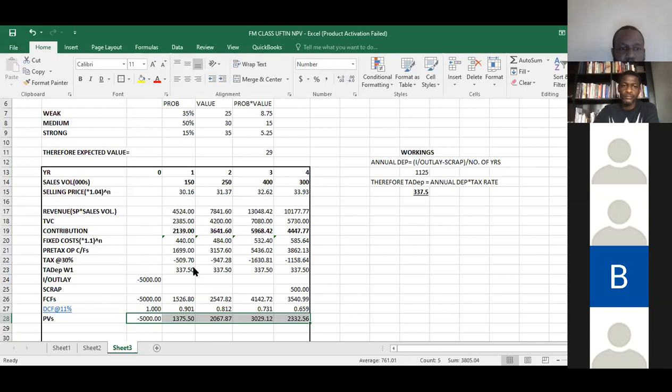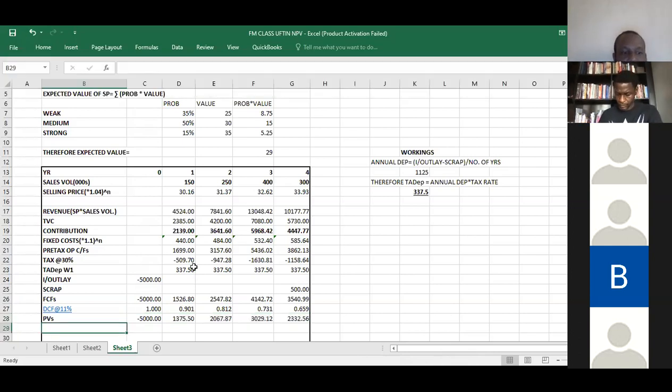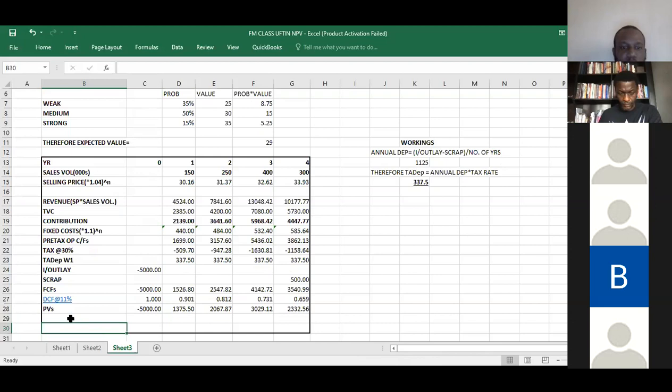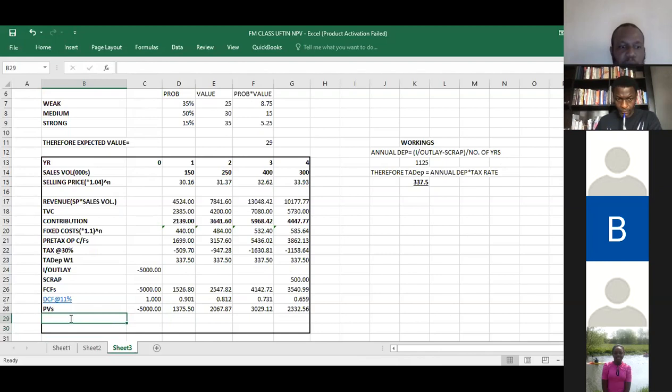Okay, so my NPV now is equal to the sum of all of them.